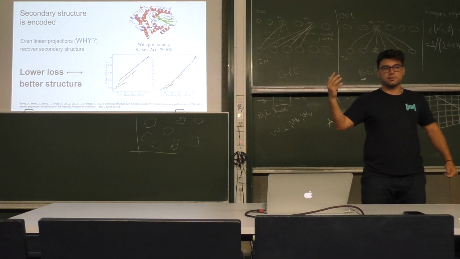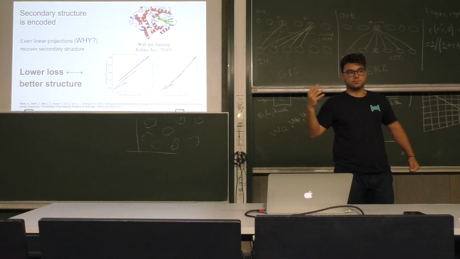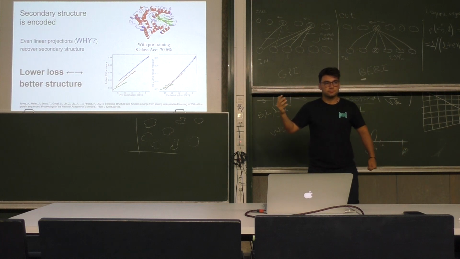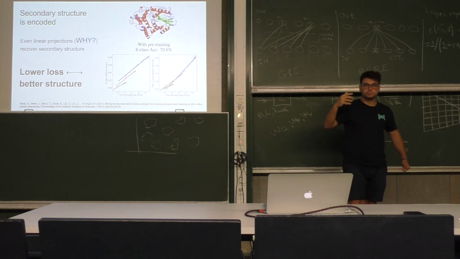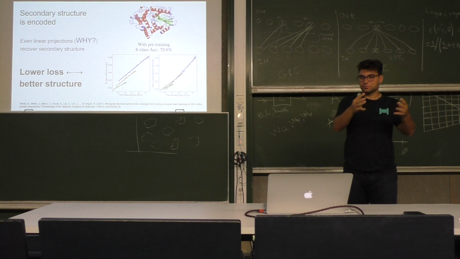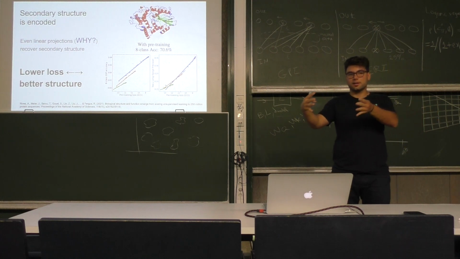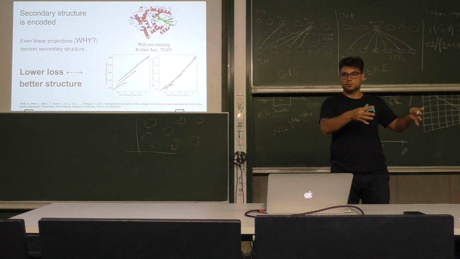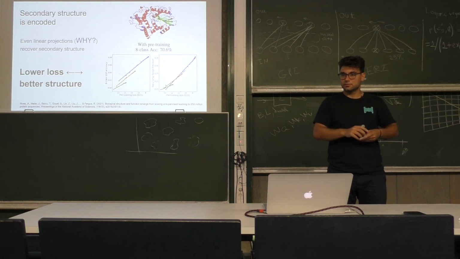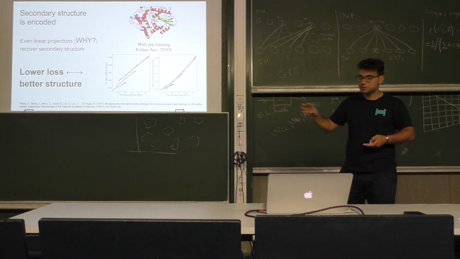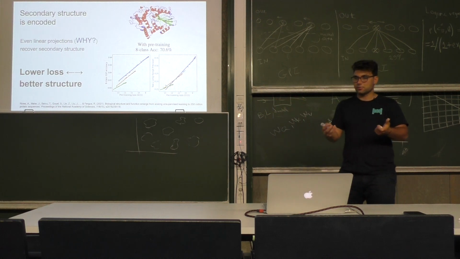Do you remember how we evaluate the pre-training in vision? We have some pre-training, and then we want to evaluate these representations. Yes? We can do KNN or we can do linear probing. Okay, yes. So this corresponds to some sort of linear probing.